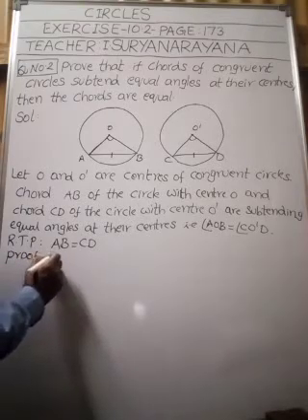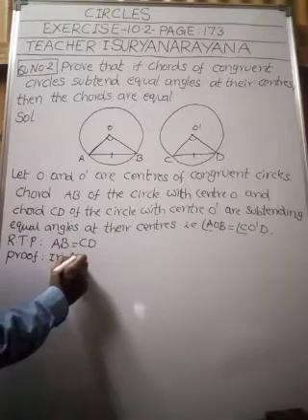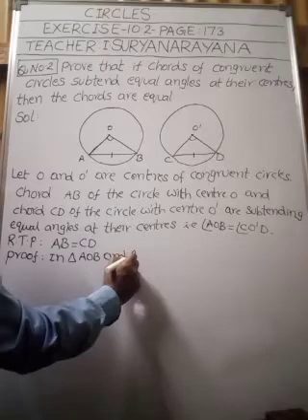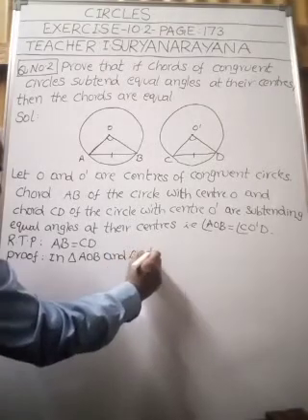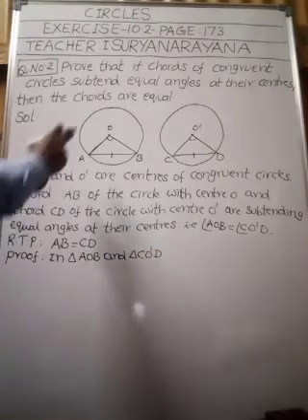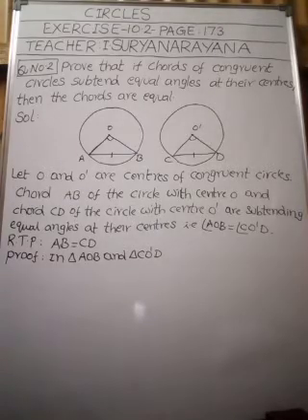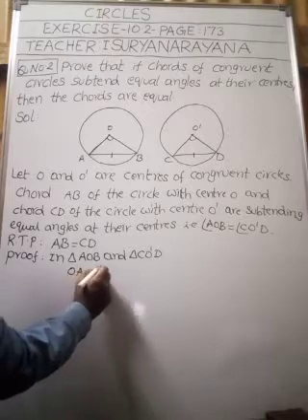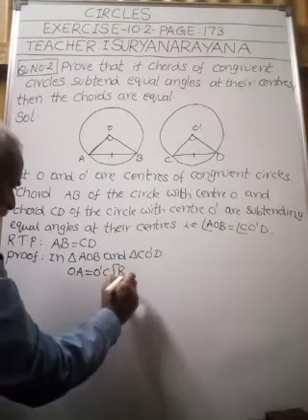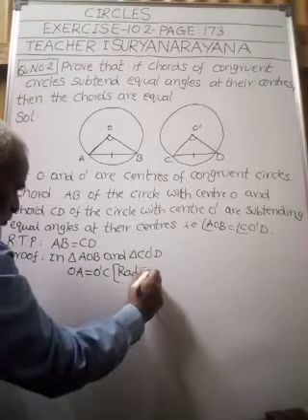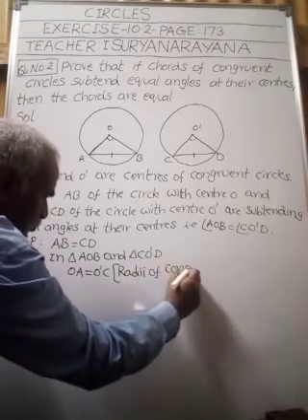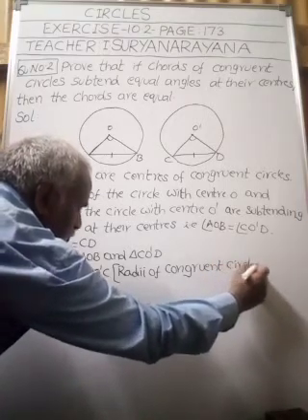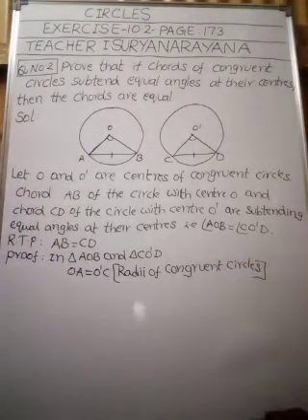In triangle AOB and triangle CO dash D, OA is equal to O dash C, radii of congruent circles.